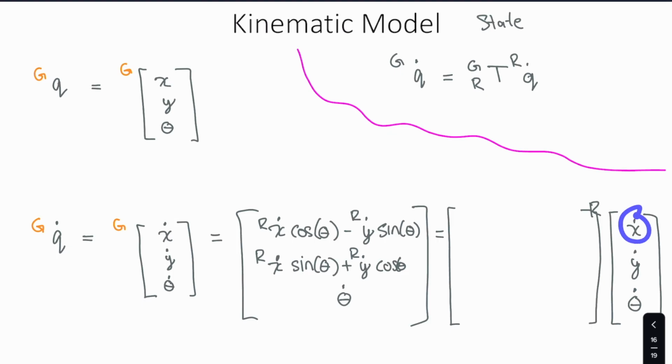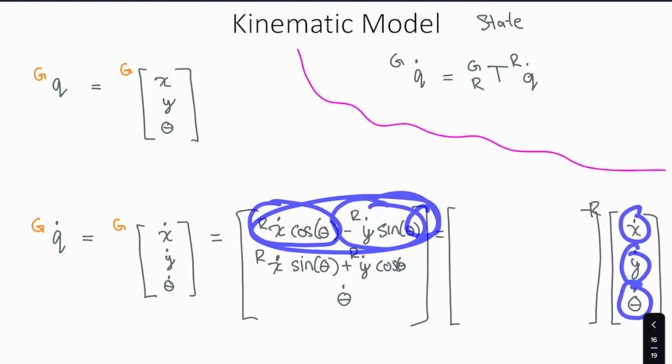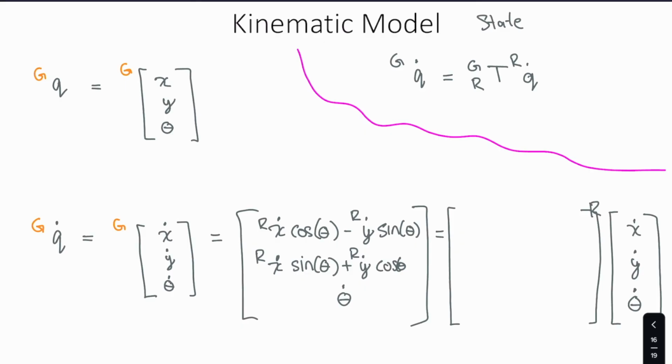And we can see that x dot is multiplied by cosine, y dot is multiplied by negative sine, and there is no theta dot as part of this first equation. So we can write this first component as cosine theta, negative sine theta, and 0.